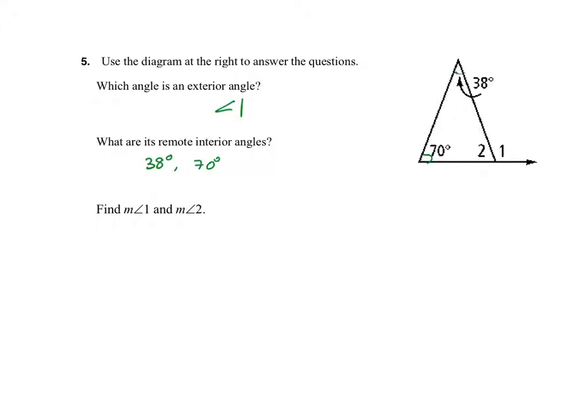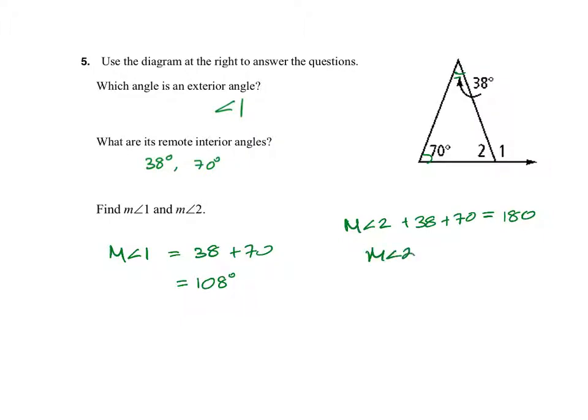So the measure of angle 1 equals 38 plus 70, so this is 108 degrees. And the measure of angle 2 plus 38 plus 70 equals 180. The measure of angle 2 plus 108 equals 180, minus 108. The measure of angle 2 equals 72 degrees.